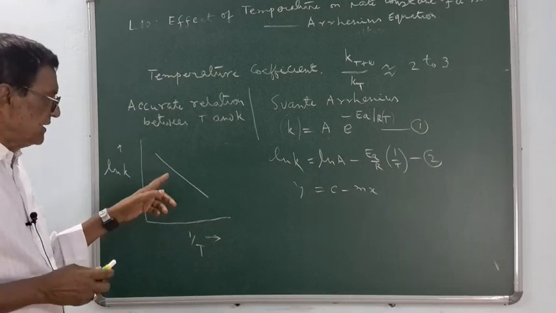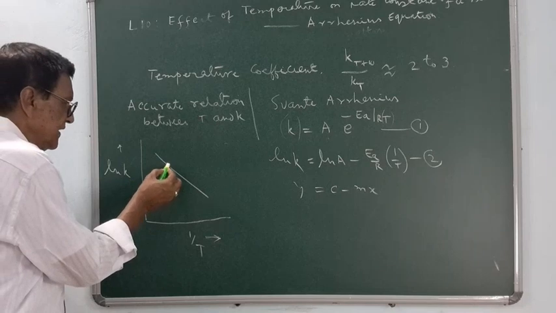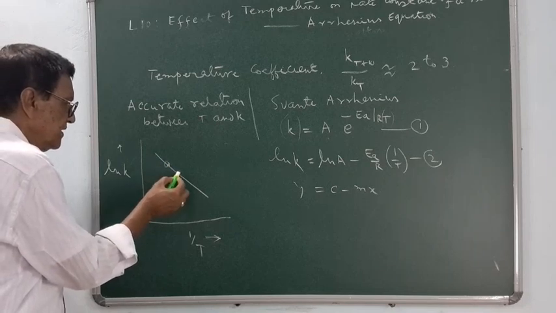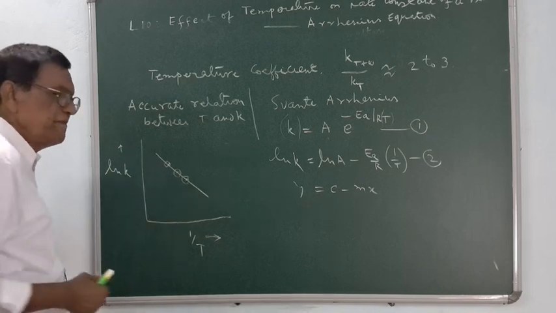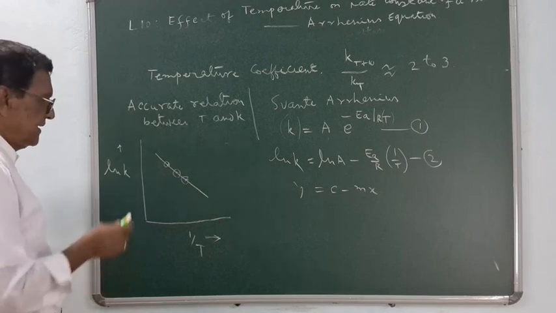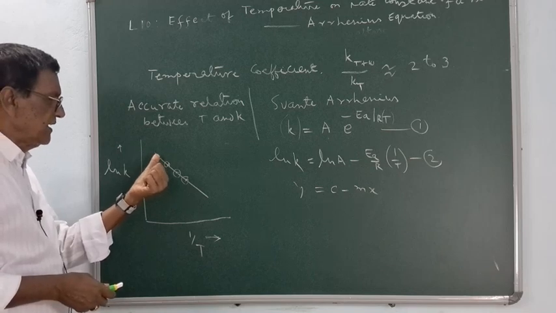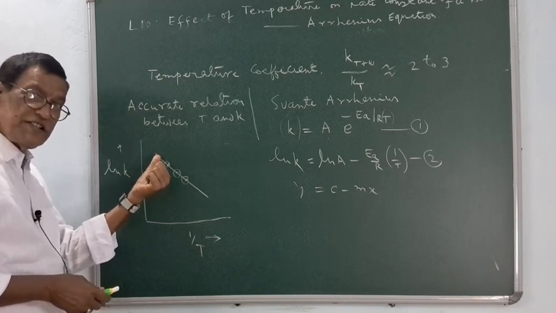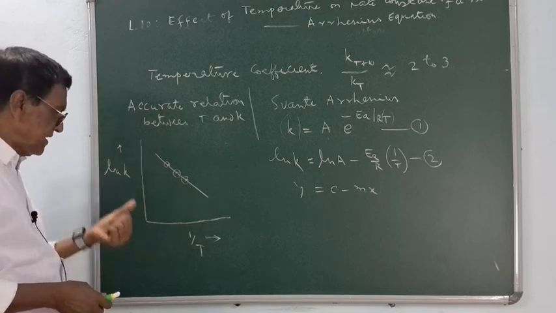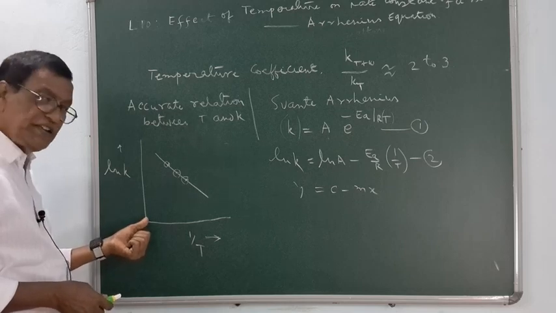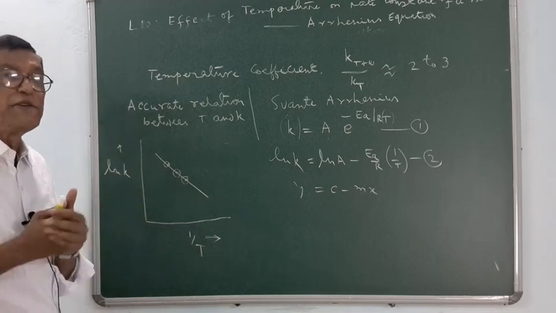Suppose these are the experimental points, and we cannot extend this straight line to cut the y-axis experimentally. It is not possible here. 1 by T equal to 0 means T equal to infinity, at infinite temperature.